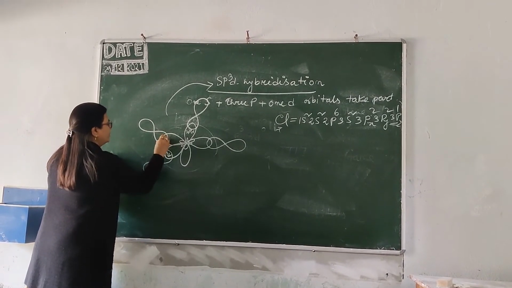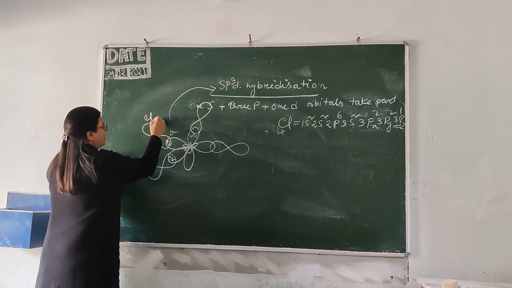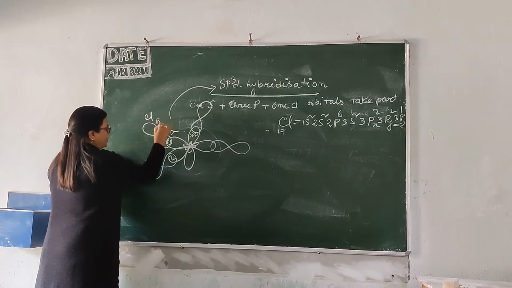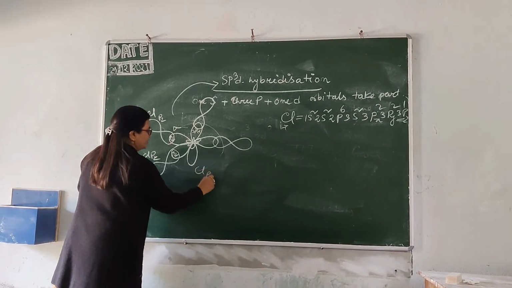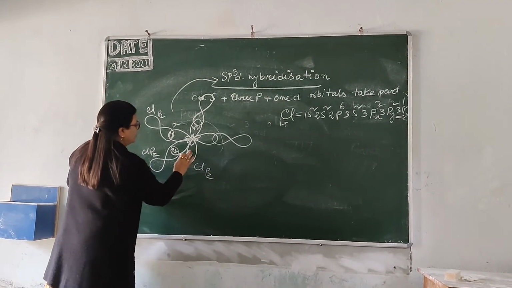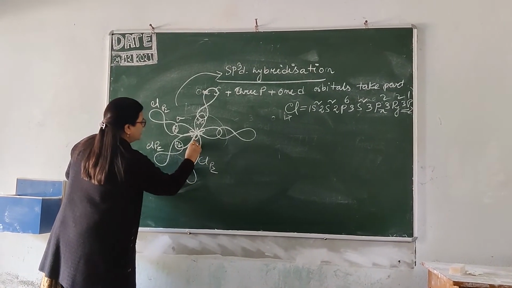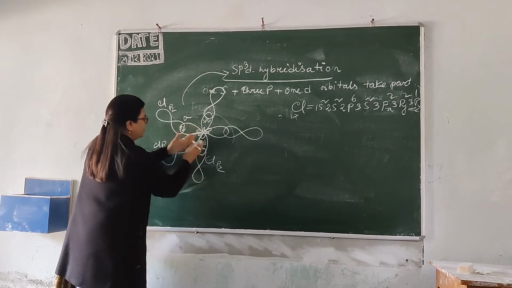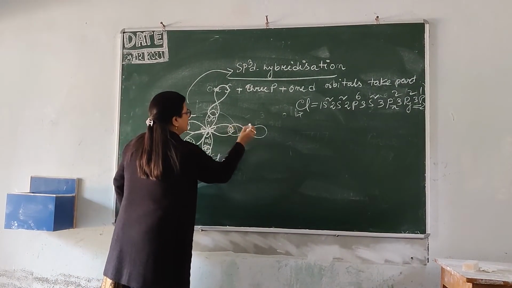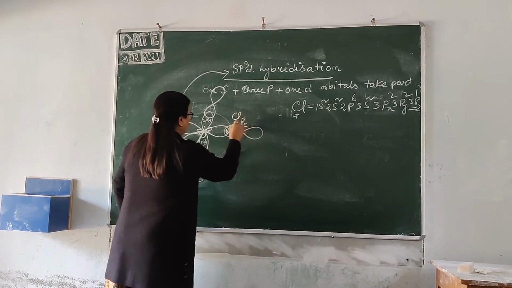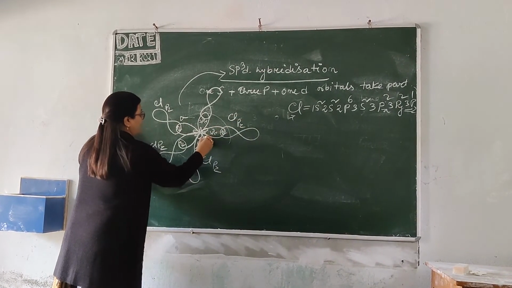Where the 5 sigma bonds are formed: this is the pz of chlorine, this is the sp3d. All these are 5 sp3d hybrid orbitals. Here the sigma bonds will form between pz of chlorine and sp3d hybrid orbital of phosphorus atom.